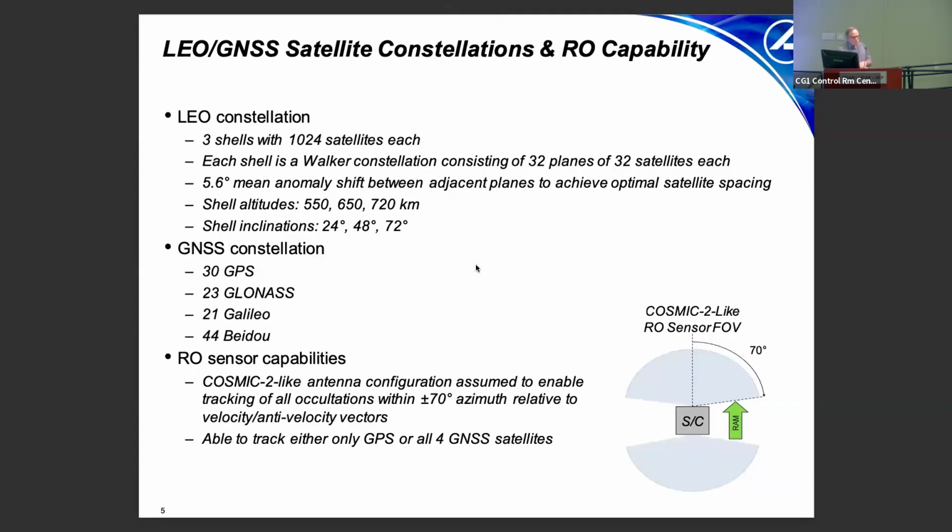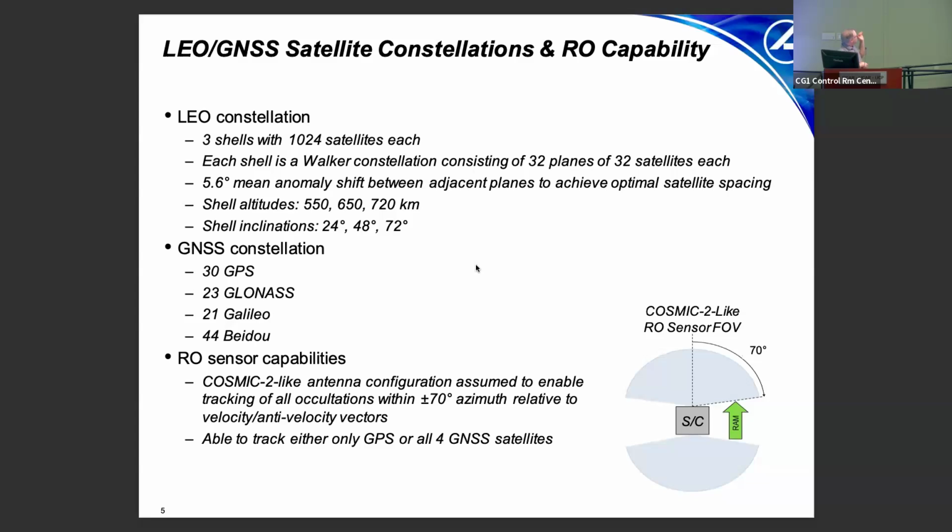So when you're doing these kinds of analyses, you're free to pick whatever observation constellation you like. So we decided to go with overkill to start with. Some will recognize from UCAR analysis the altitudes and inclinations, same as what was mentioned in a NOAA study, but now we're talking many more satellites.